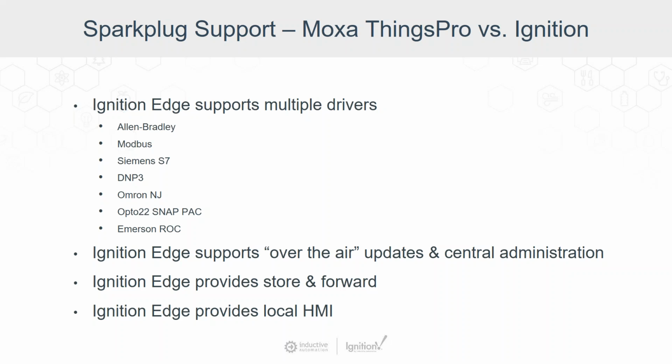With Ignition being on that equipment, we get access to a lot more of the drivers. There's more drivers that Ignition supports there. Plus, Ignition can be managed centrally. There could be over-the-air updates and central administration. There's store and forward of that data. By the same token, out there at the edge of the network, if we needed a local HMI on a touchscreen computer, having Ignition on that equipment can provide that.